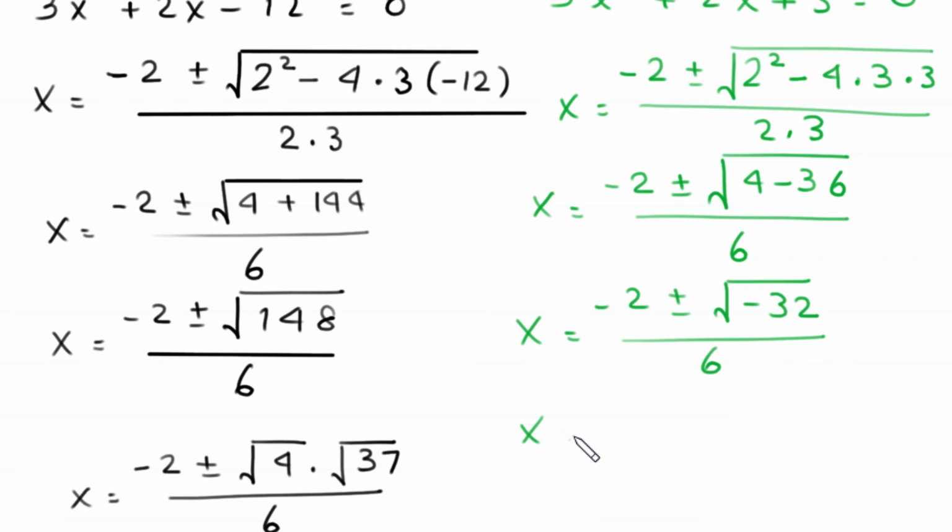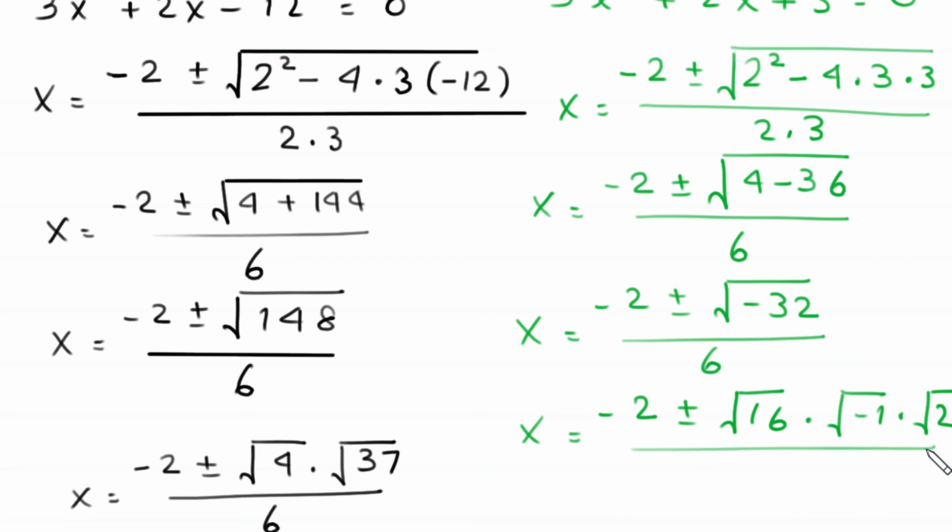Next, root negative 32 can be written as root 16 times root negative 1 times root 2, divided by 6.